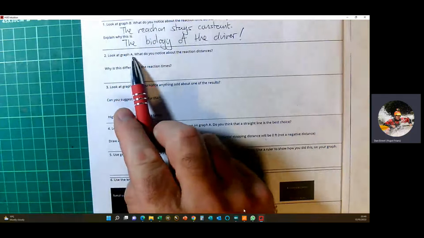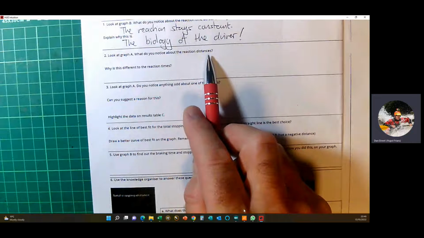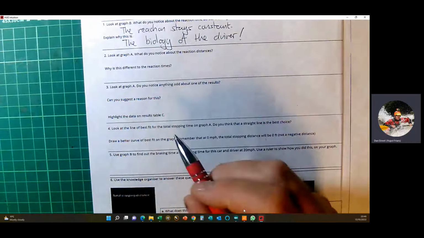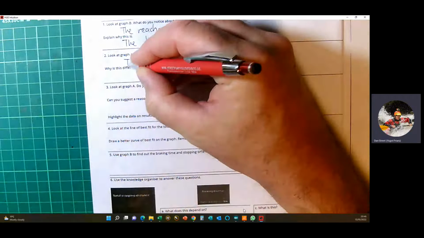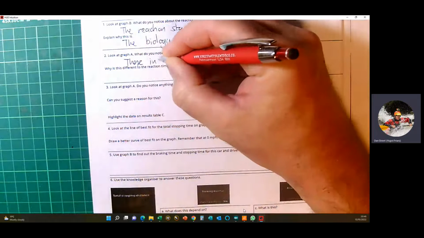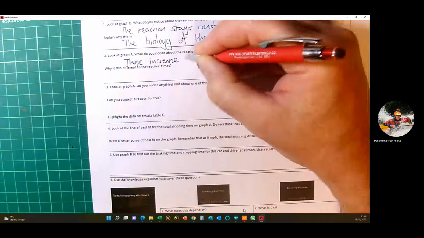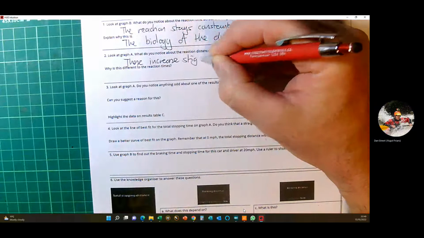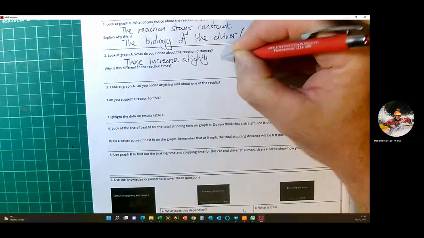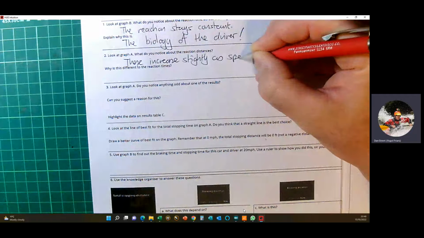It then says, look at graph A. What do you notice about the reaction distances? As we've already mentioned, these do increase slightly as speed increases.